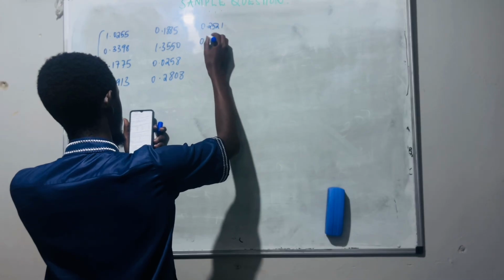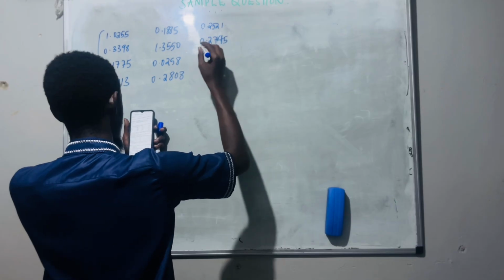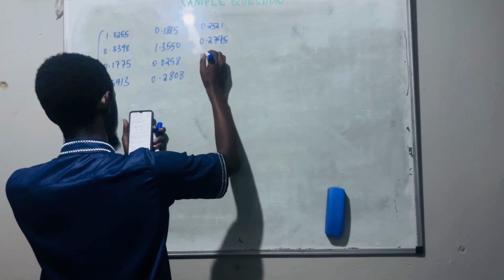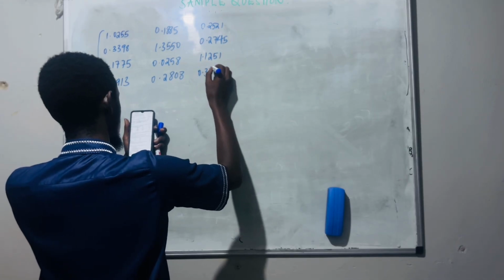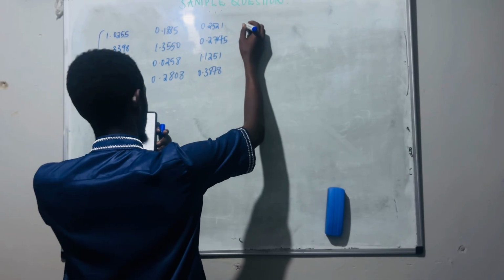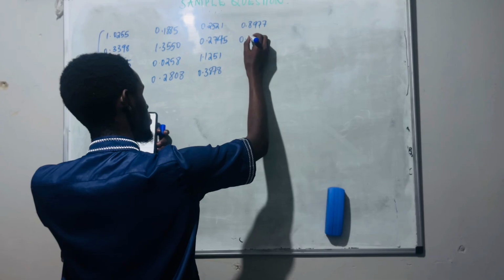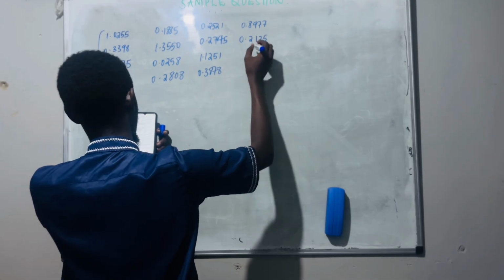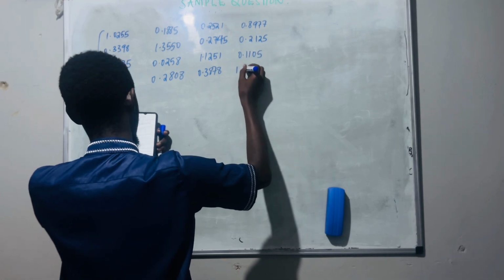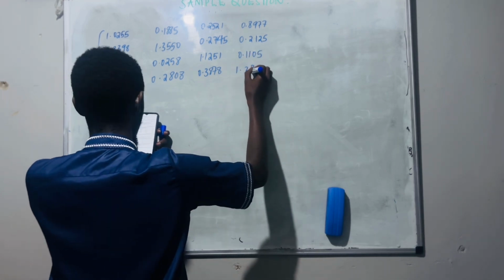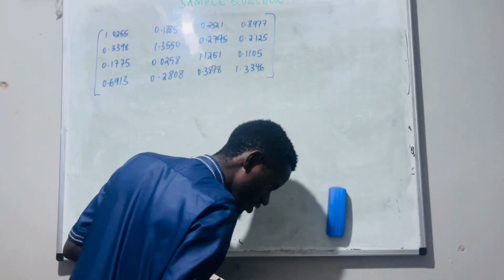Then 0.2745. Then here you have 1.1251, and then 0.3878. Then lastly, you have 0.8977, 0.2125, and then 0.1105, and then 1.3346. Something like this.